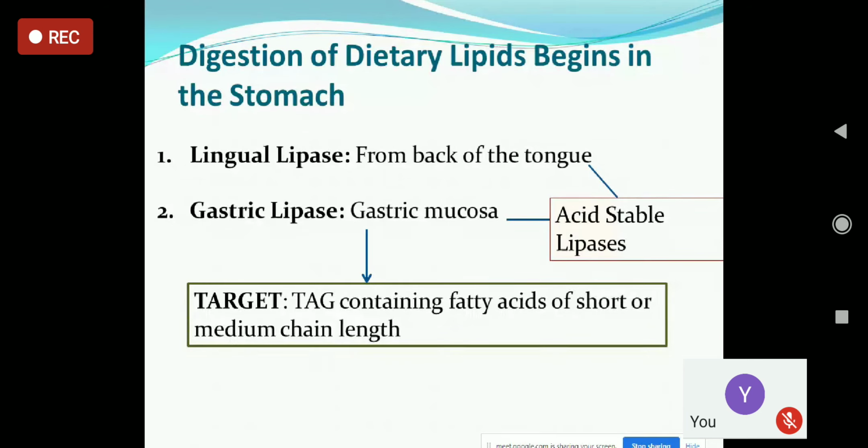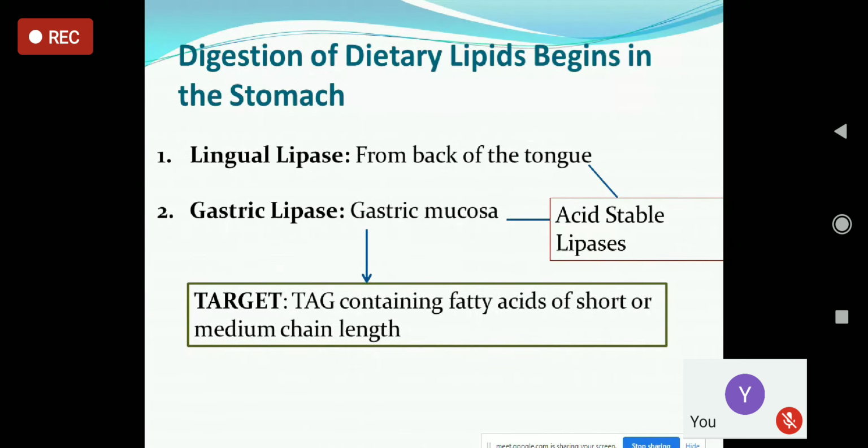So normally triglycerides contain 16, 18 or 20 carbons, but this lingual lipase only acts on the triglycerides that have short or medium chain length fatty acids. How many fatty acids does one molecule of triacylglycerol have?